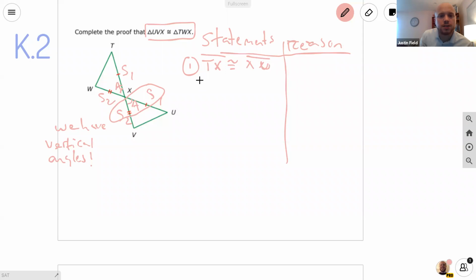All right, and also, okay, no, I'm going to do it like this, and you don't have to, but I just think it really proves the point. So that's my side, and then I know my angle, so I'm going to write that next. TXW is congruent to TXW. Oh, actually, it's UXV.